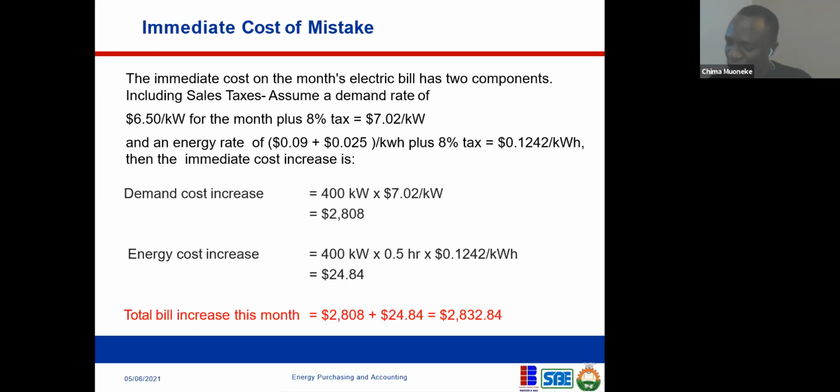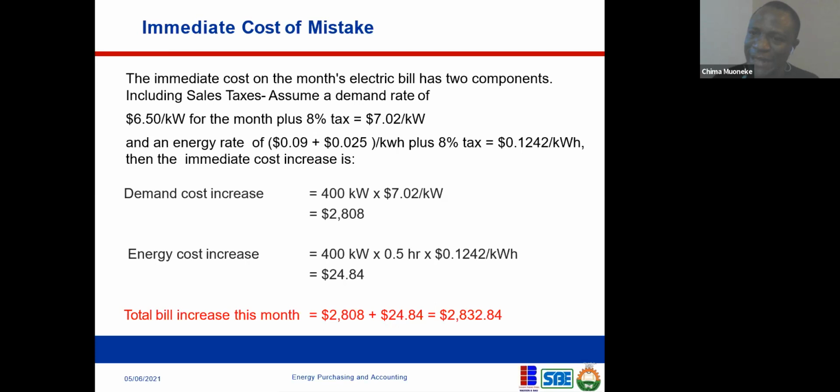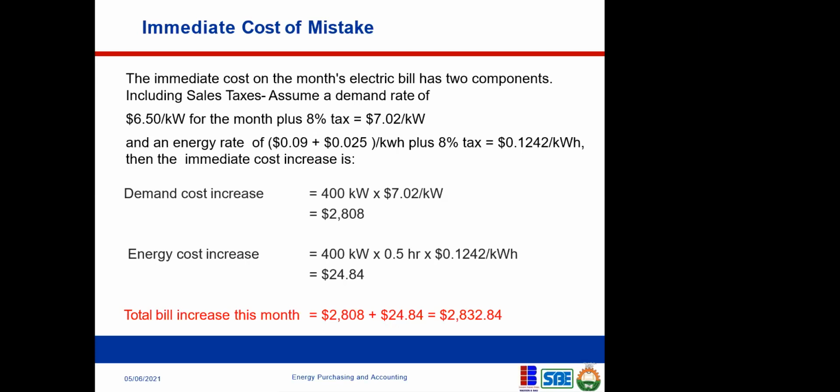So the energy cost is 200 kilowatt hours times the rate of energy, 0.09. We get 18.